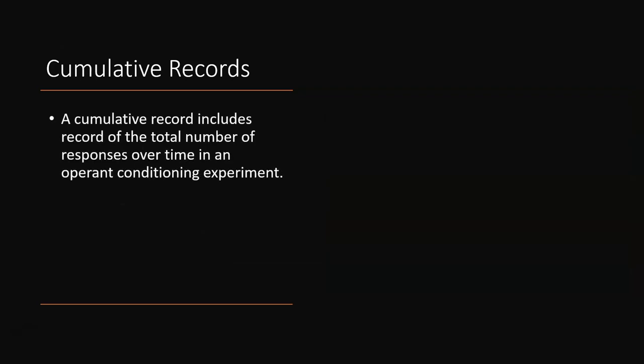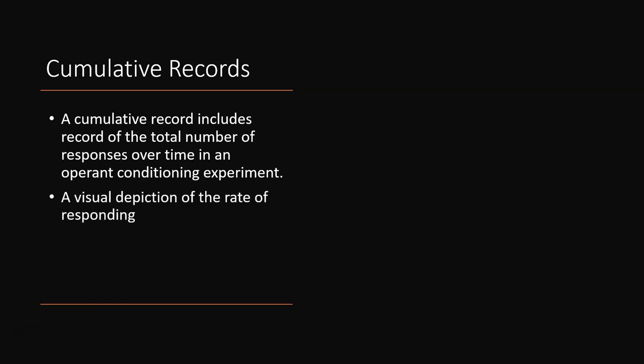Another part of the operant conditioning process, if you're doing it very systematically, is to record responses as they accumulate over time, and this becomes what's called a cumulative record. What the cumulative record shows is the rate of responding over time. When no responses are occurring, the record is flat. It has no slope.